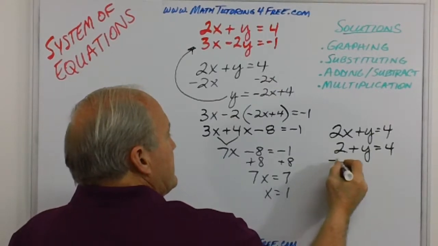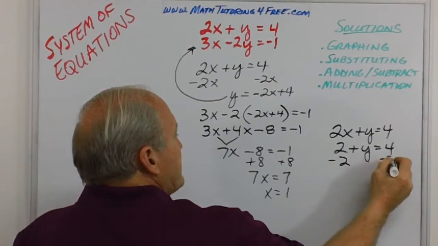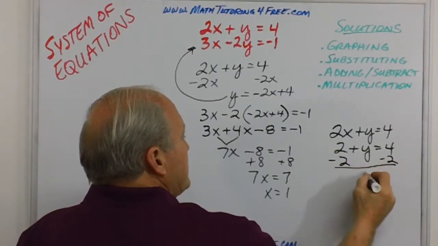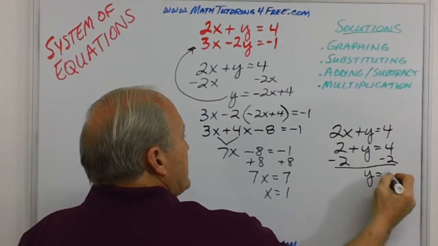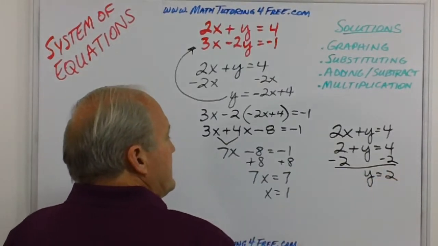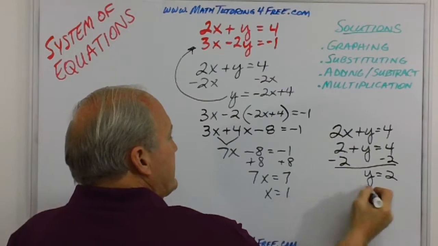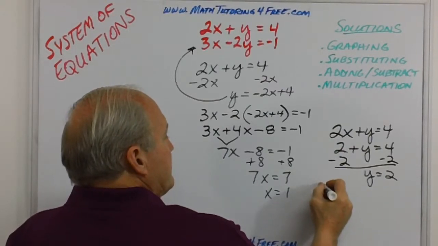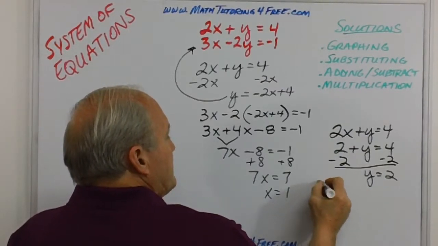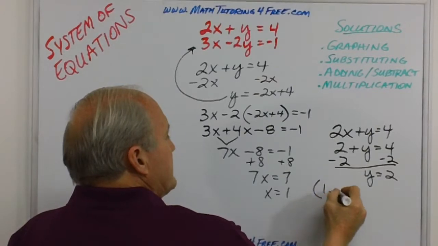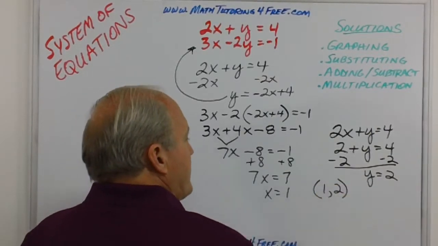To solve for y, we subtract 2 from both sides, and we get an answer of y is equal to 2. So our set of values would be x is 1, y is 2.